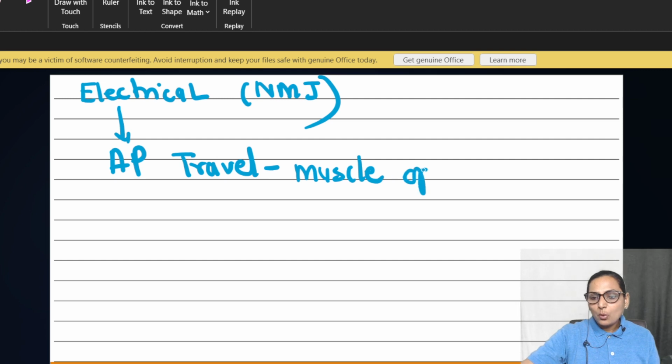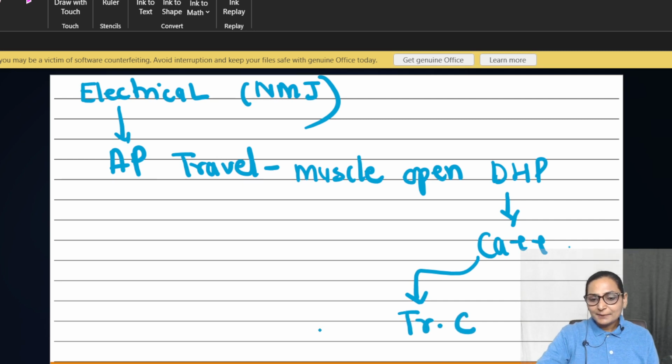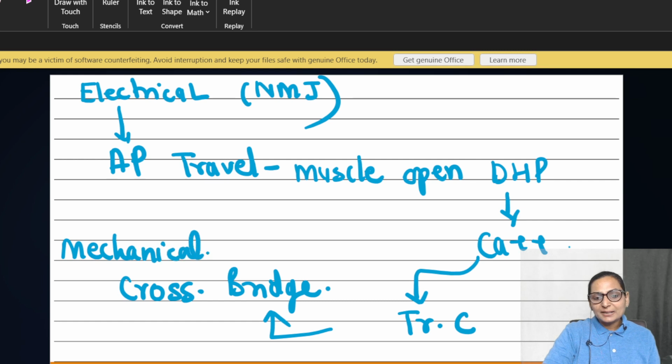And it can open the DHP, that is the voltage sensors, which can then open the ryanodine, that is the calcium channels, make calcium available to bind to troponin C, and ultimately what we wanted was the cross bridge cycle, that is muscle contraction. So this was an electrical event which led to a mechanical event.